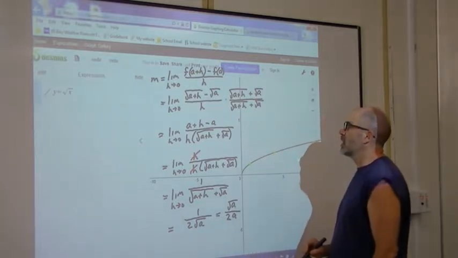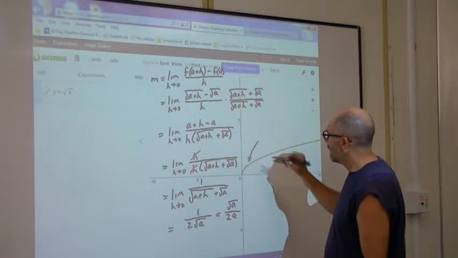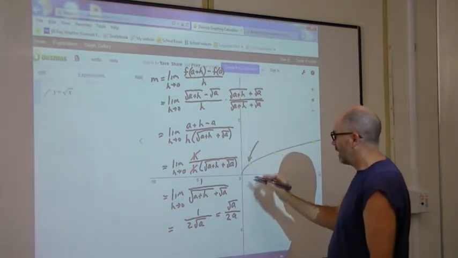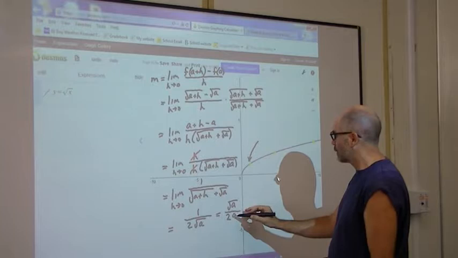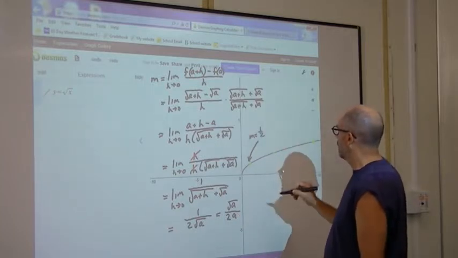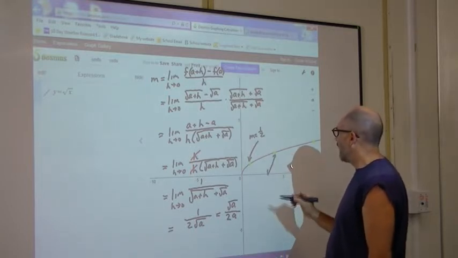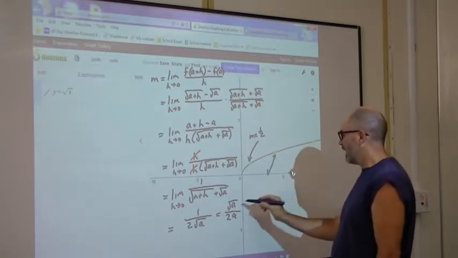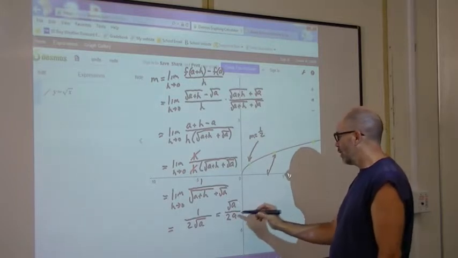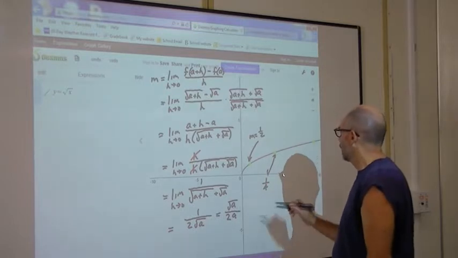All right, so that means the slope right here at x equals 1 is going to be 1 over 2. The slope right here at x equals 4 is going to be 2 over 8, which is 1/4.